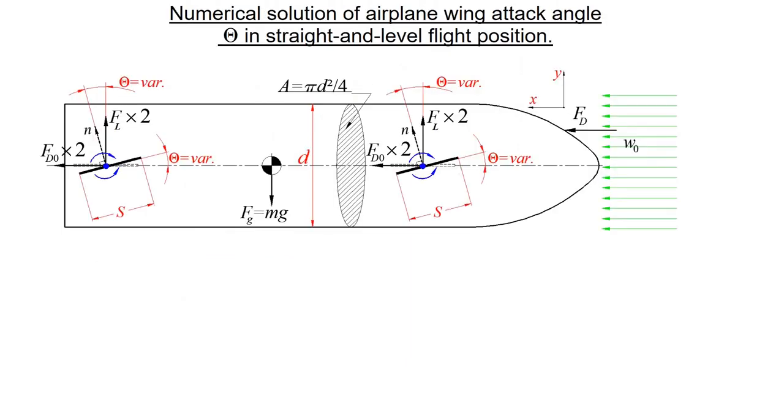Here we investigate an aircraft small-scale model in a wind tunnel with maximum velocity W0 equals 45 meters per second.